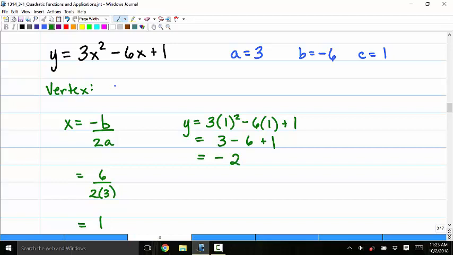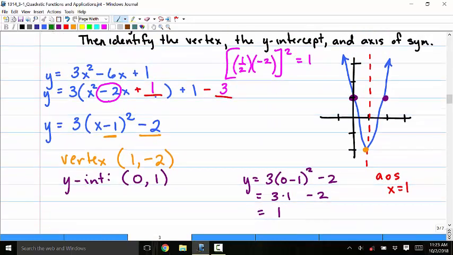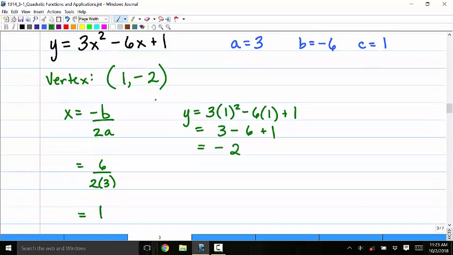What is my vertex? 1, negative 2. Is that what we got up here when we completed the square? Cool. Okay. Could you write it in vertex form? You know what A is, and you know what your H and K are. Yes, you can. Your equation says y equals a times x minus h squared plus k.